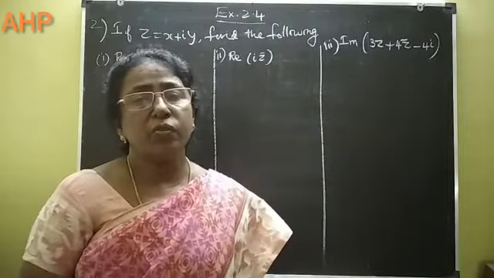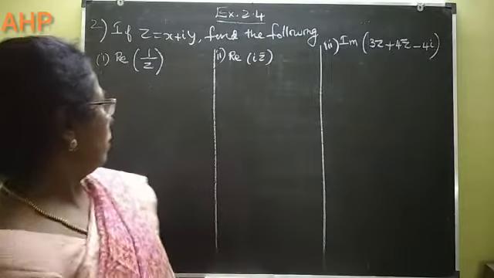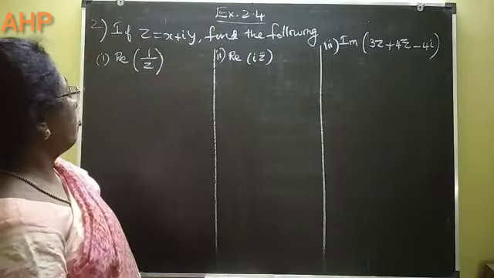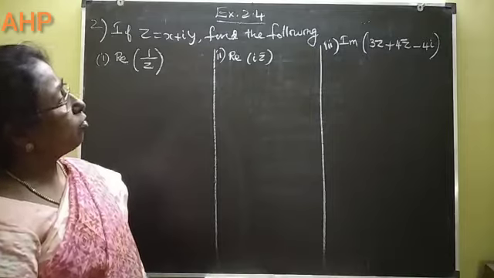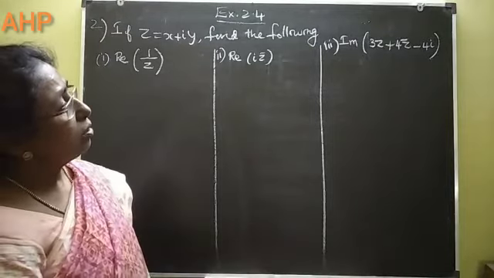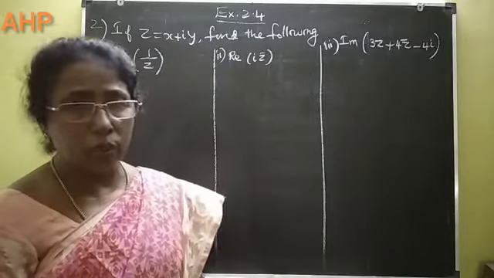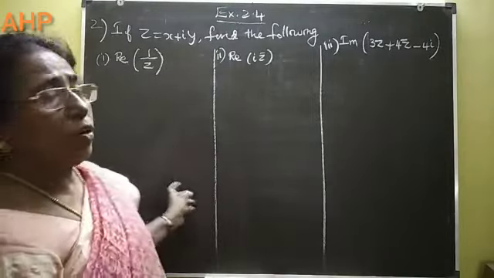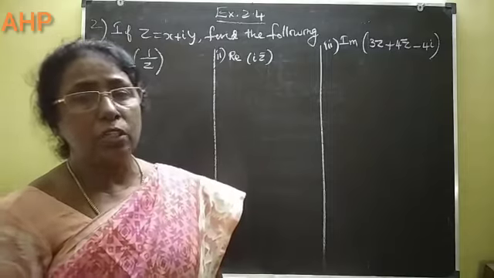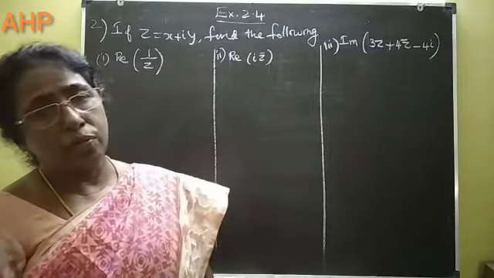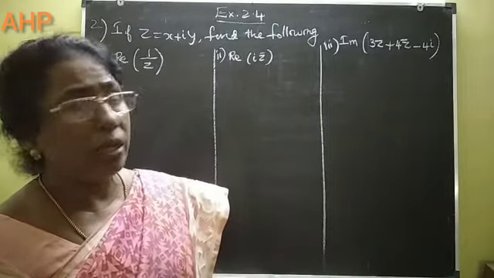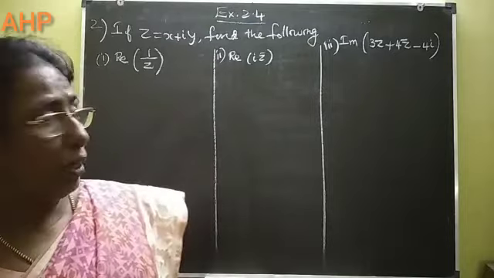In the second question, we are asked to find the value of the first question, real of 1/z. Second question, real of i z bar. Third question, imaginary of 3z + 4z bar - 4i. So here again we are going to substitute z is equal to x + iy and z bar is equal to x - iy and then try to simplify it.